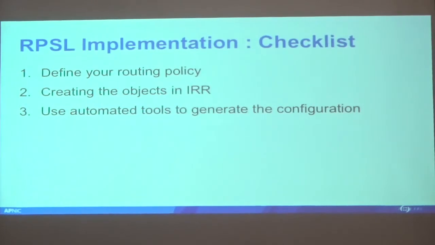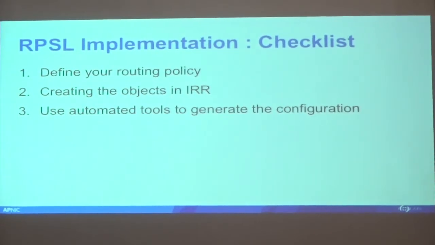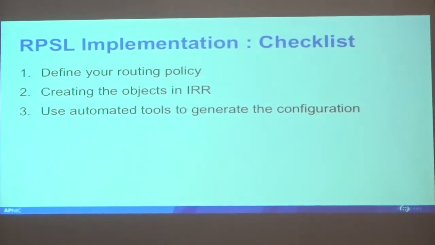One, define your routing policy. Two, create the objects in the IRR, and then use automated tools to generate the configuration. Let's start with maybe the first two. Most likely you already have your routing policies, and you put that into effect by creating the objects. Which objects?